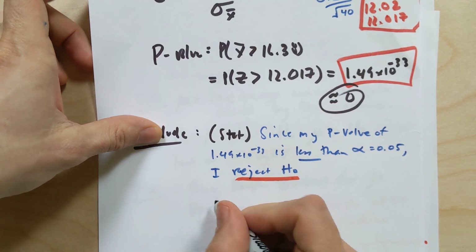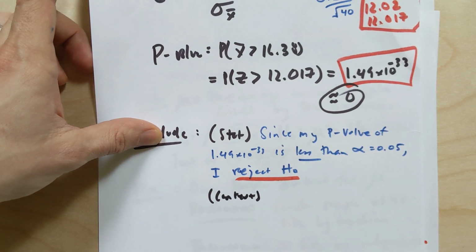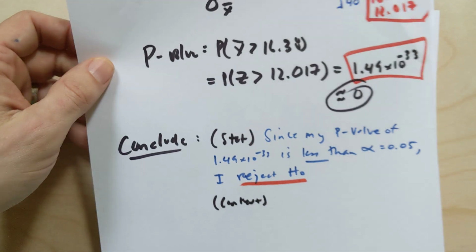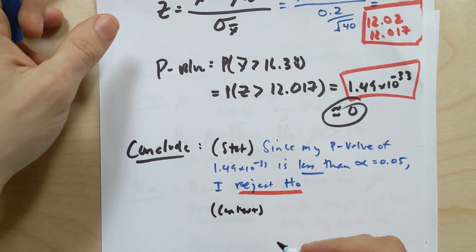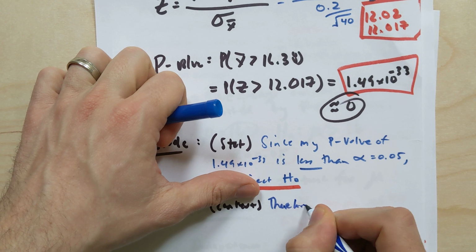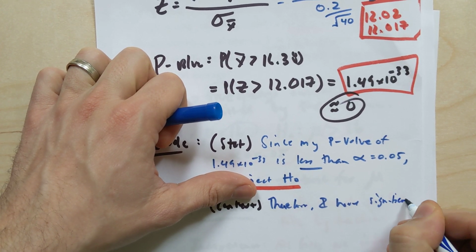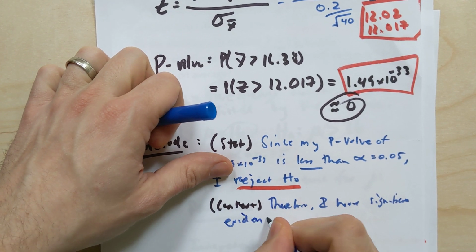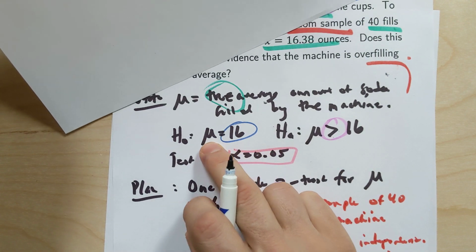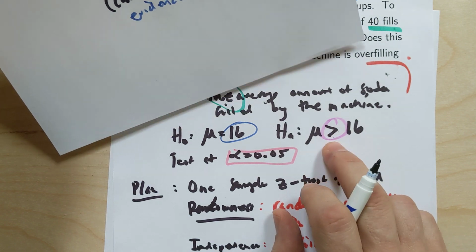The next part of the conclusion is I'm going to write one that's in context. In other words, I'm going to have it make sense based on this actual scenario, or based on how we defined our parameters. So in context, I would say, therefore, I have significant evidence to reject the null hypothesis. I'm rejecting the null hypothesis, and therefore I have evidence in favor of the alternative.